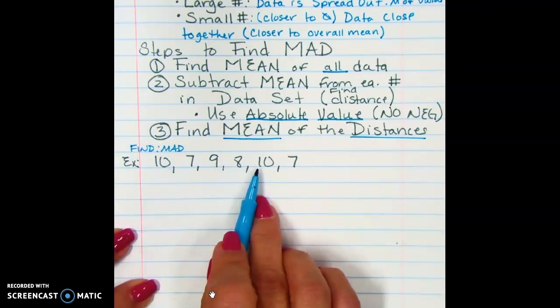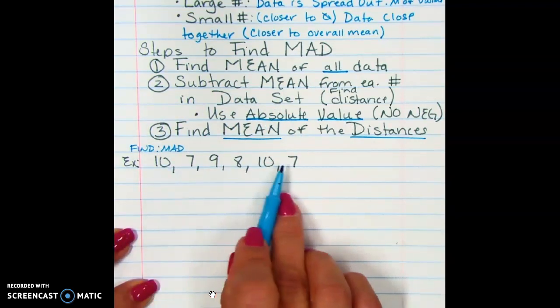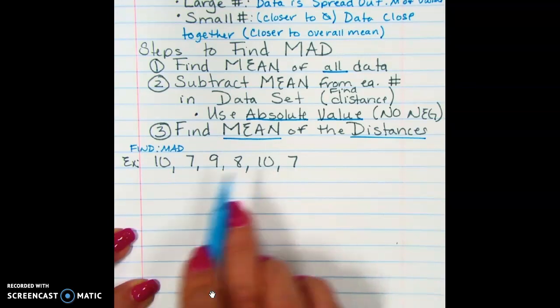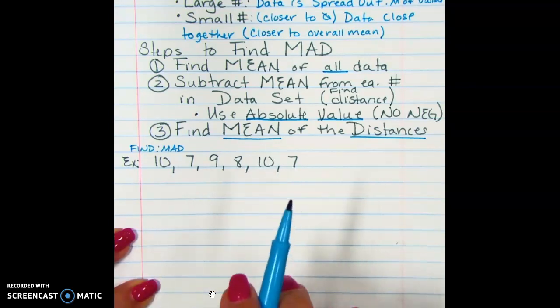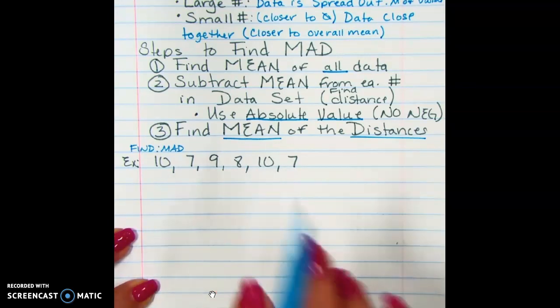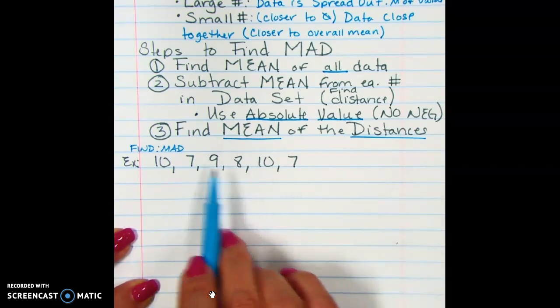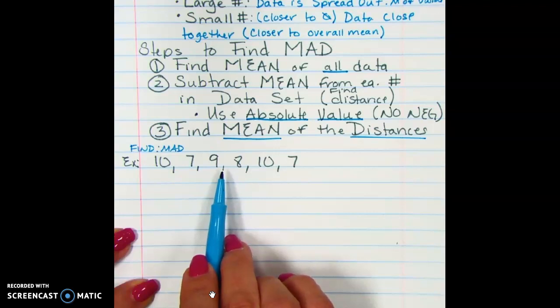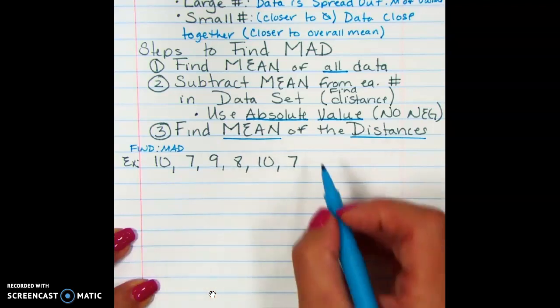10 and 10 is 20. 7 plus 7 is 14, so 20 plus 14 is, I'm sorry, 34. I already messed that up. And 34 plus 17 is 51.